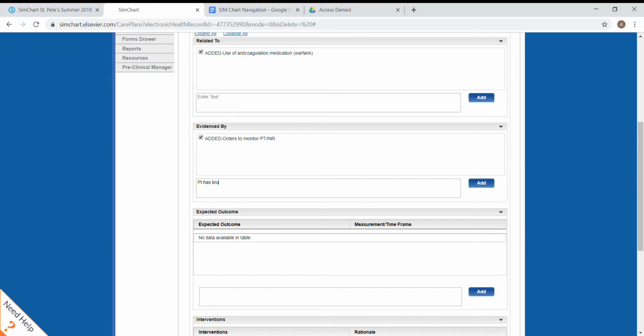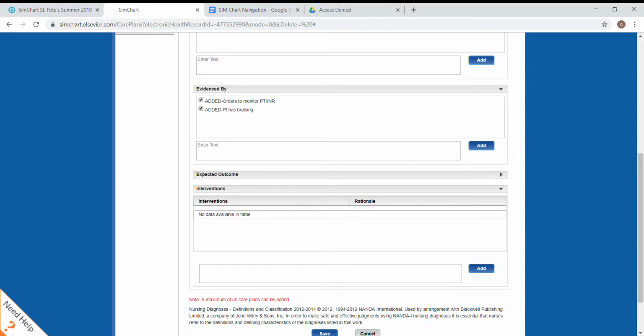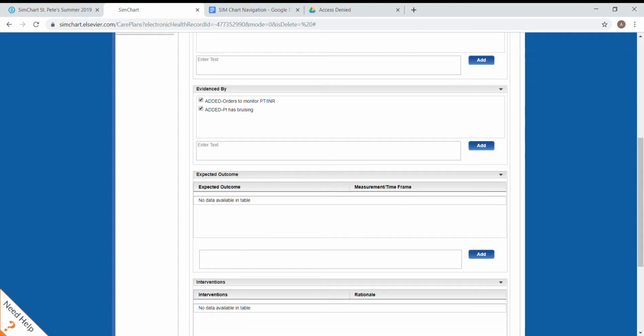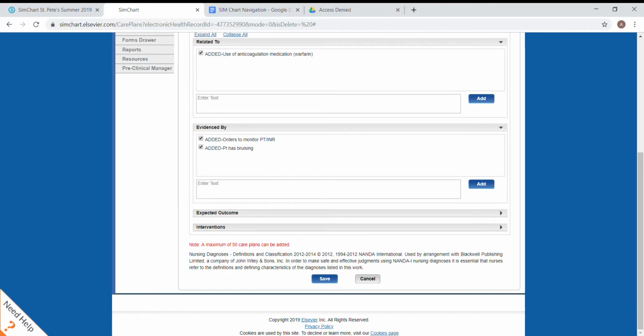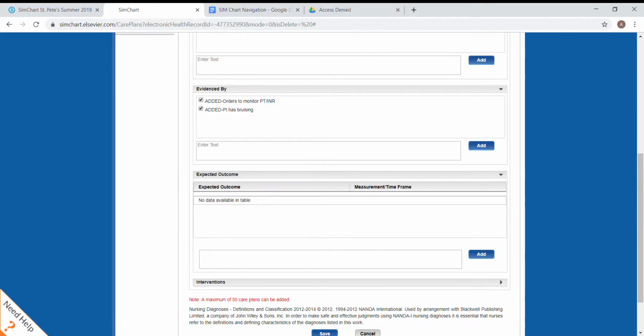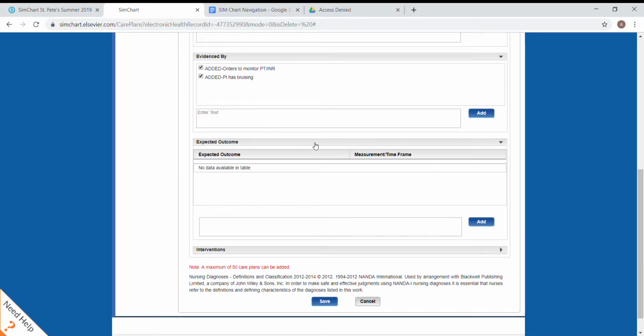Patient has bruising. Obviously, you want a little more detail. And then, so this isn't going to pop up things for you like the other sections did. So my interventions are going to be, sorry, let me click here.